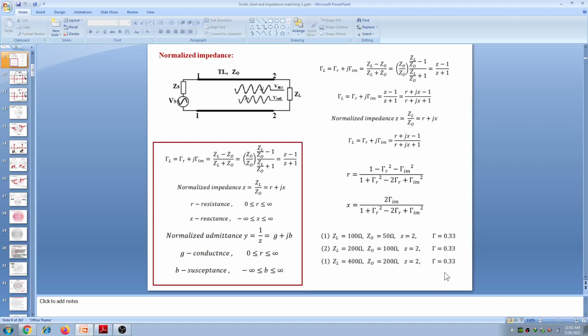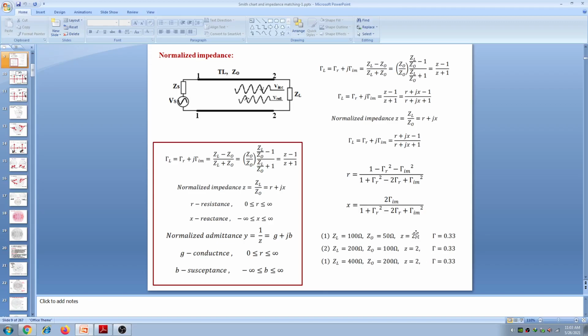then we will get the same value of reflection coefficient. See, for ZL of 100 ohm and Z0 of 50 ohm, the normalized impedance is 2. Even if ZL is 200 and the characteristic impedance is 100 ohm, we again get a normalized impedance of 2. Similarly for this combination, ZL and Z0 are different, but the normalized impedance for all three cases is the same, 2.